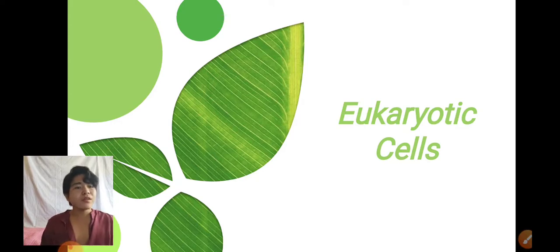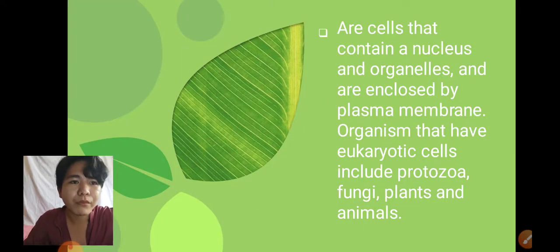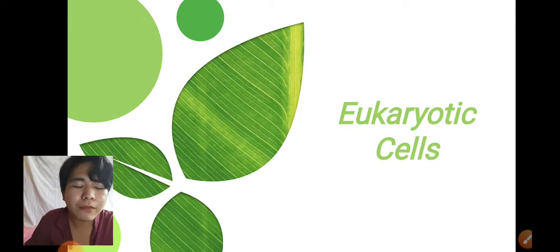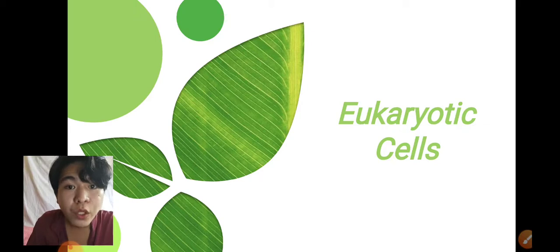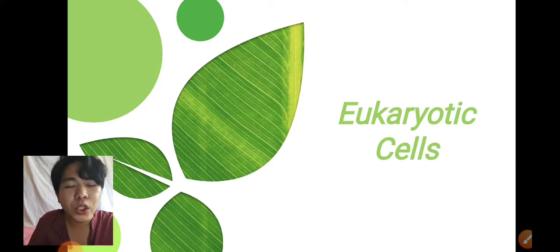And now, let's go directly to the eukaryotic cell. Because we actually have two, eukaryotic and prokaryotic. So, what is the difference between the two? Eukaryotic cells have a nucleus, while prokaryotic cells don't have a nucleus. The best example of eukaryotic organisms are what?